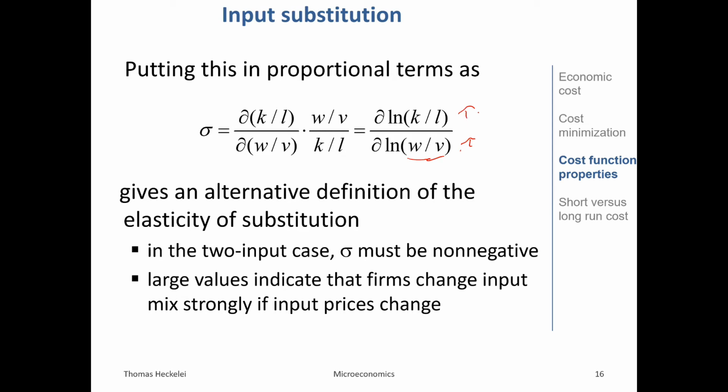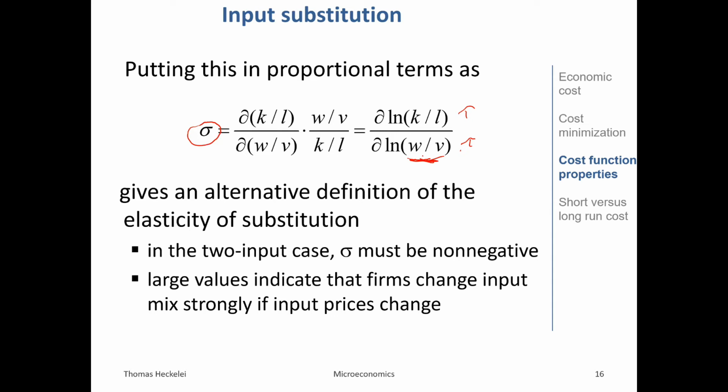Now, however, one thing to note is this elasticity of substitution is only measured at the optimum point, because only at the optimum point, because of the first order condition of the cost minimizing, we have the RTS equal W over V. All other points along the isoquant except this point will not hold. That is one thing to keep in mind.